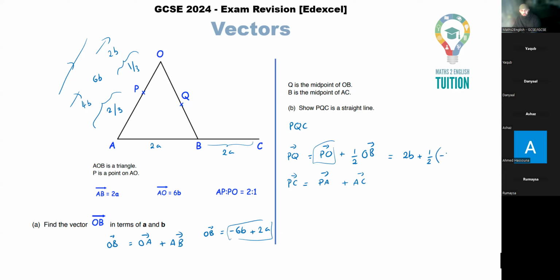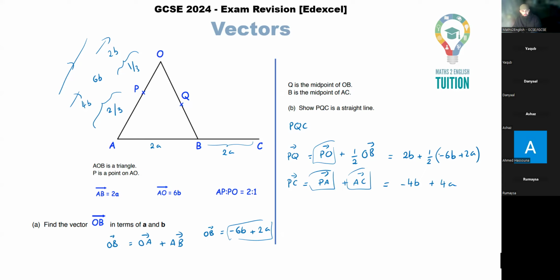And over here, PA is going to be minus 4B, and A to C is going to be 2A plus 2A. It's going to be 4A. So we have a multiple of 2.